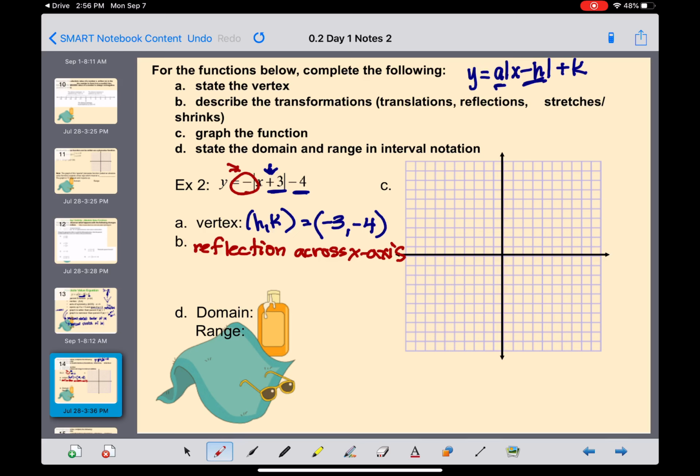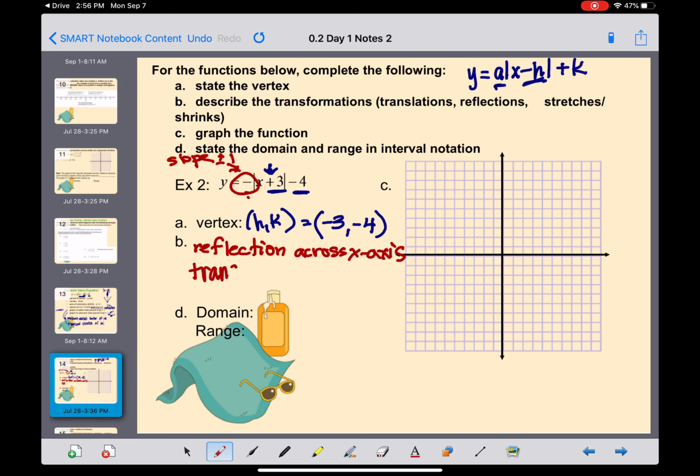That a value, there's no other number there besides it's a negative 1. So there is no stretch or shrink. That's going to be my slope. And my slope is going to be plus and minus 1, depends on which side of the line you are on. And then since my vertex has moved negative 3, negative 4, that's also going to tell me what my translation is.